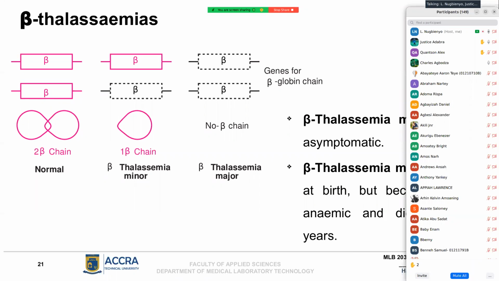Is it a defect? What do you mean by defect? You said the iron is supposed to be in the 2+ form. If it exists in the iron 3+ form, is it a defect or is it normal? It's a defect. I mentioned that it reduces the affinity for oxygen.